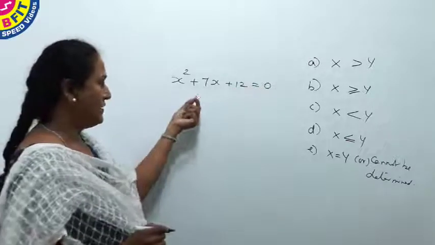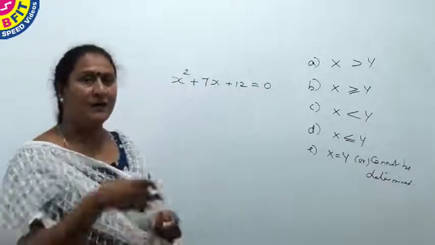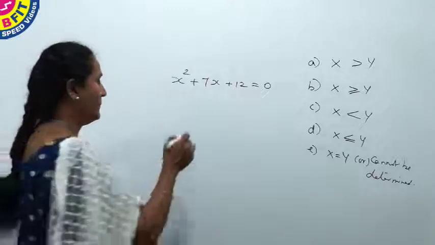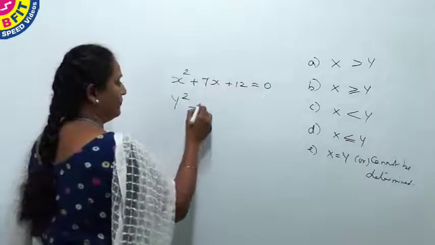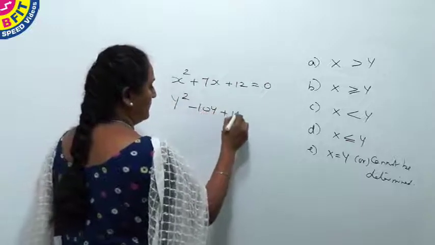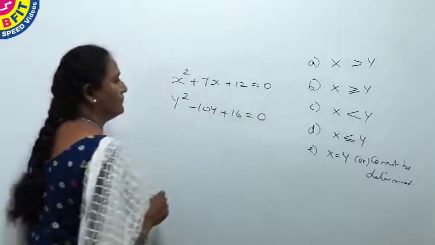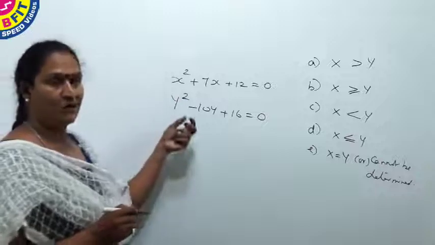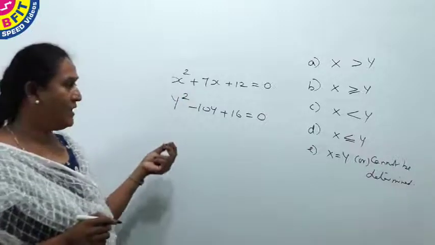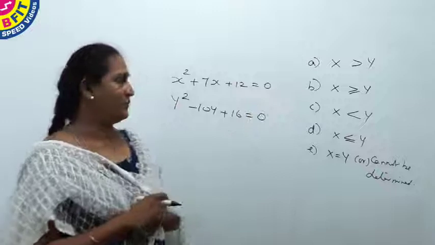So x square plus 7x plus 12 equal to 0, and the other one will be given in y. So you have to solve this, get the values of x and y and choose which option it will suit.